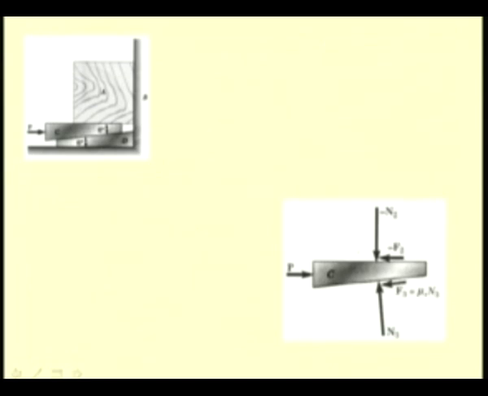Now, once we know this, we can now construct the free body diagram of these other two components, that means the wedge D. The frictional force F3 is acting in the opposite direction, and we have this normal reaction N3.